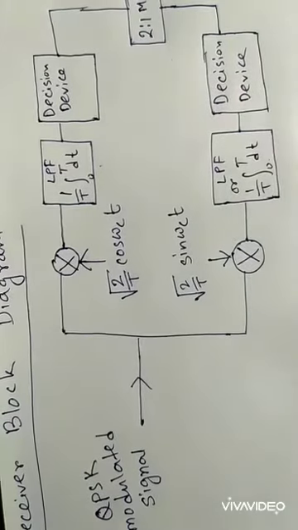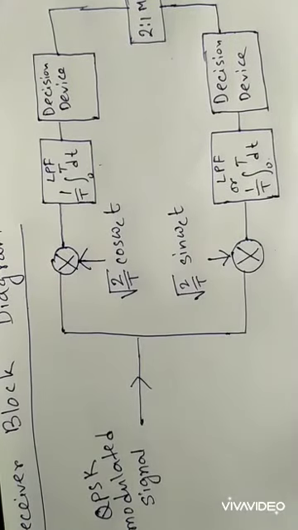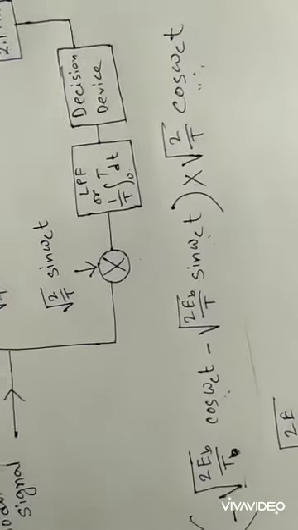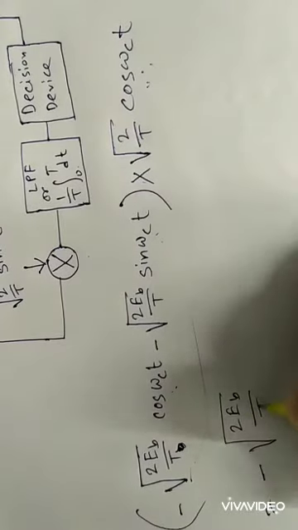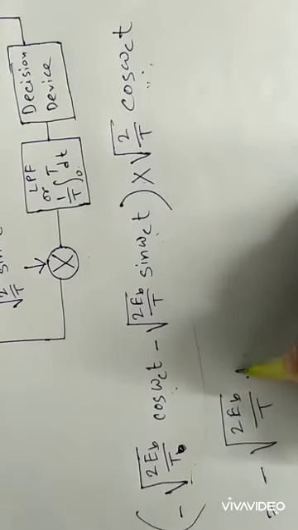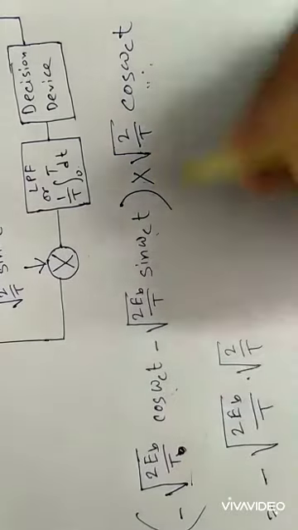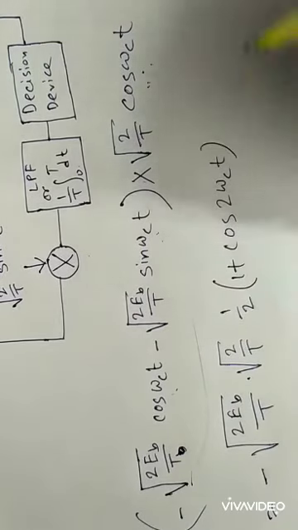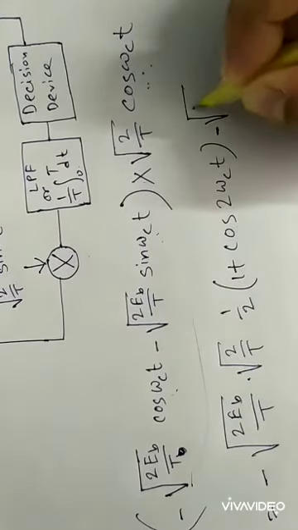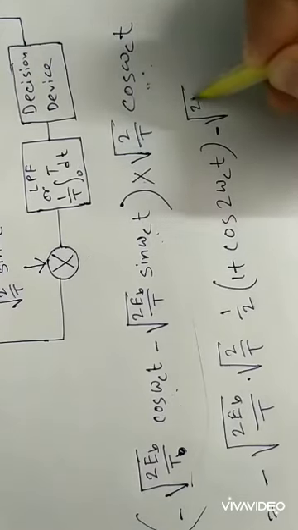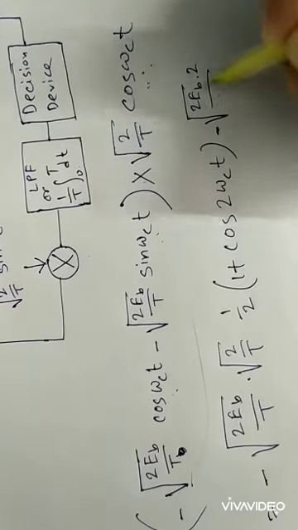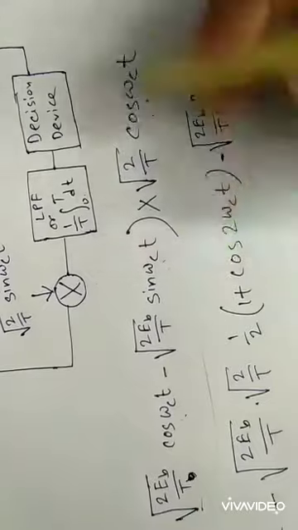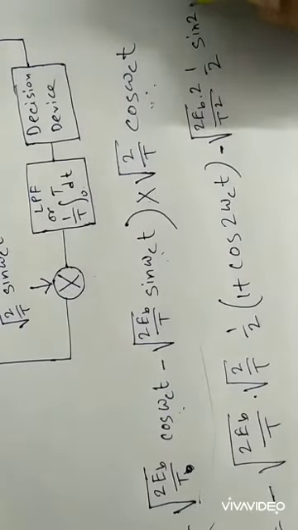So here you get minus root over of 2 Eb by T into root over of 2 by T, then half of 1 plus cos 2 omega ct, and minus root over of 2 Eb into 2 by T square into half of sin 2 omega ct.